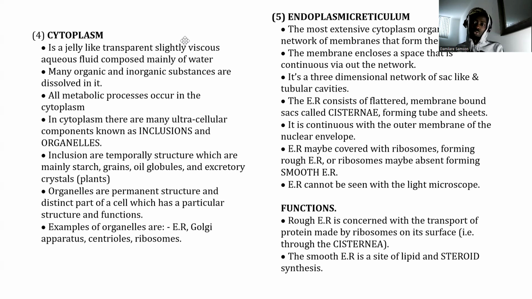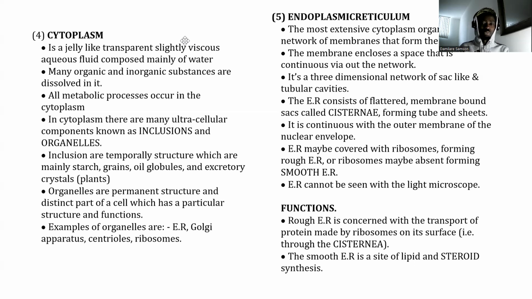The ER consists of flattened membrane-bound sacs called cisternae, forming tubes and sheets. It is continuous with the outer membrane of the nuclear envelope. We talked about it under the nucleus, so we mentioned ER there. It's a continuous one.